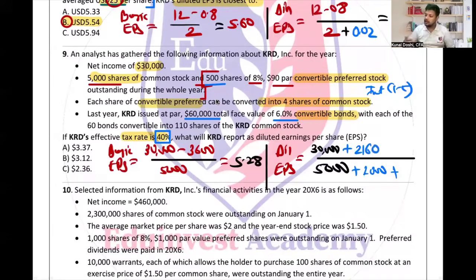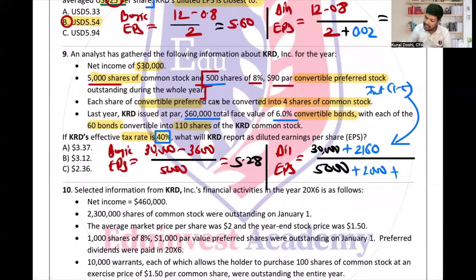Interest 1 minus T. Let me know. I'll repeat, 60,000 into 6% into 0.6 after tax. Clear? But convertible bonds, you will get additional shares. They are saying each of the 60 bonds convertible into 110 shares.